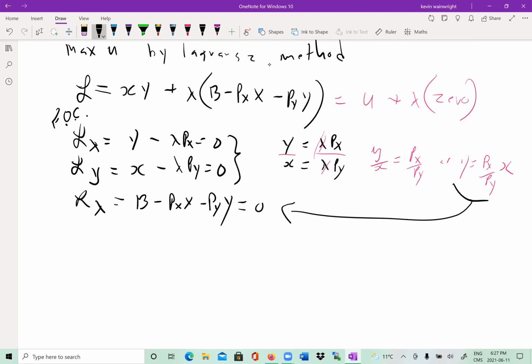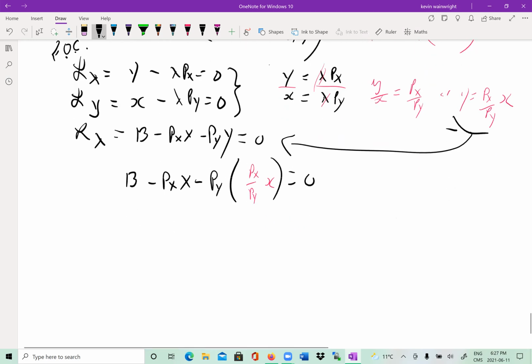So now I have b minus pxx minus py times y. But I know that y is equal to px over py times x from the MRS relationship.